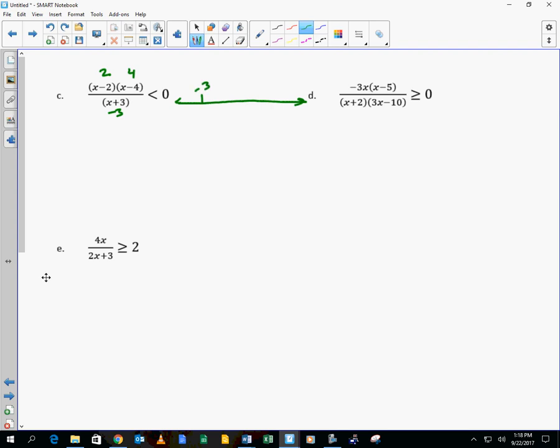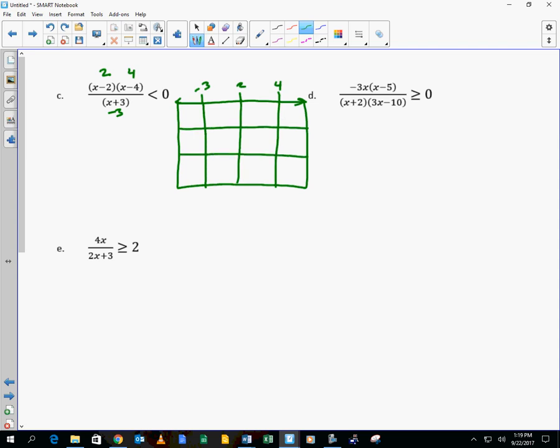Negative 3, positive 2, positive 4. How many columns? How many rows? And that's how I set up my table to organize my work.